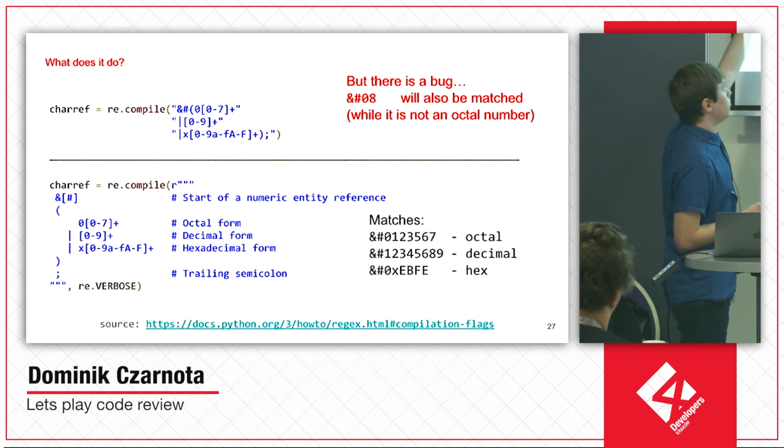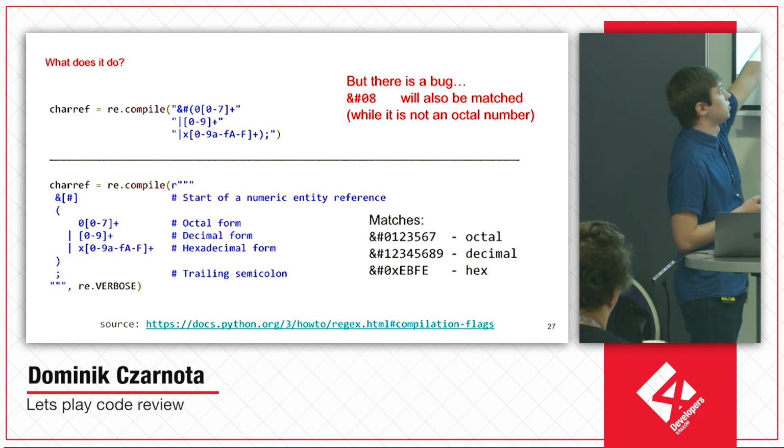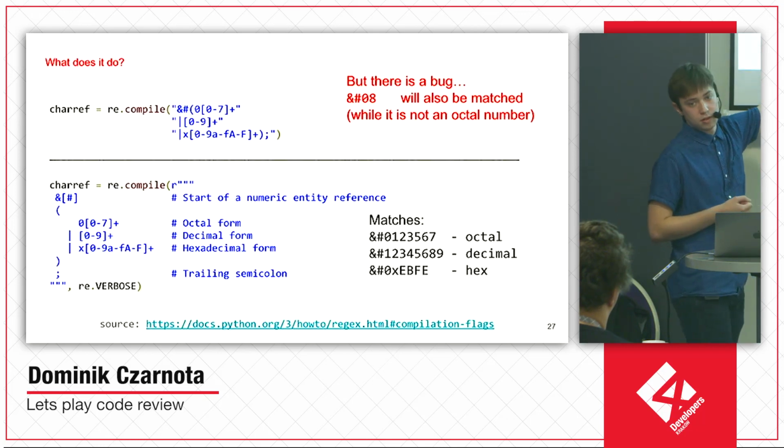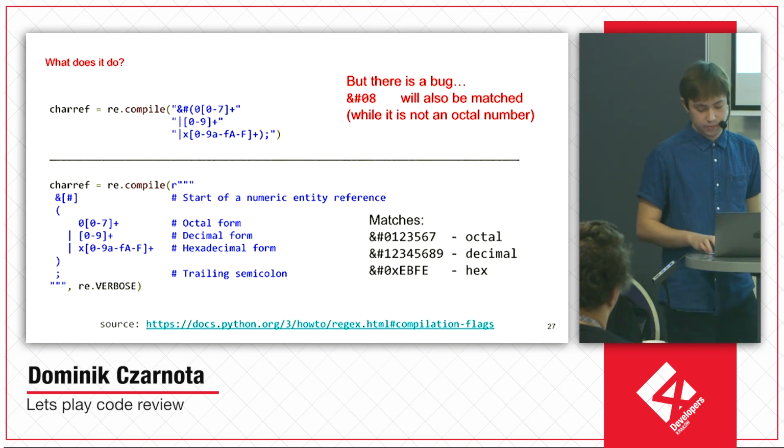Because octal form, right, should start with 0, but the digits should be from 0 to 7. But this is matched because there is this 0 to 9 thing for decimal numbers. So this should probably be 1 to 9 and then 0 to 9 and a star instead. Yep. So I would probably file them a pull request for that.